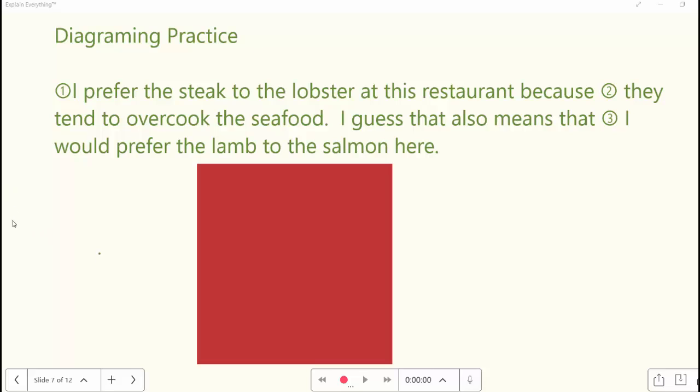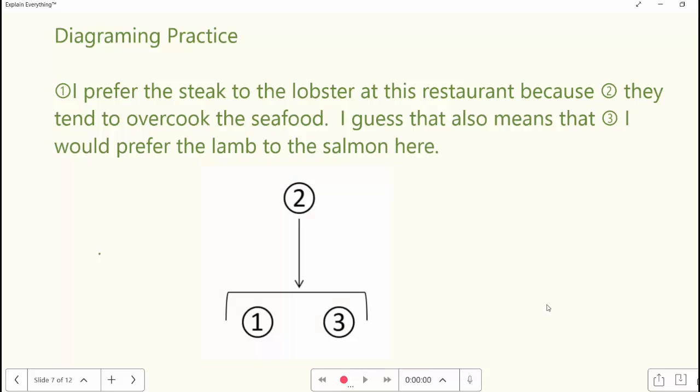All right, so let's take a look at how this argument should be diagrammed. It should be diagrammed in the following way. Now, why is that? Well, one of the things that hopefully jumped out to you, in claim 1 it says, I prefer the steak to the lobster at this restaurant because.